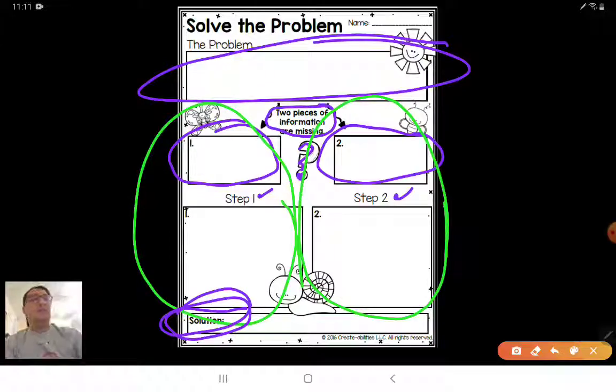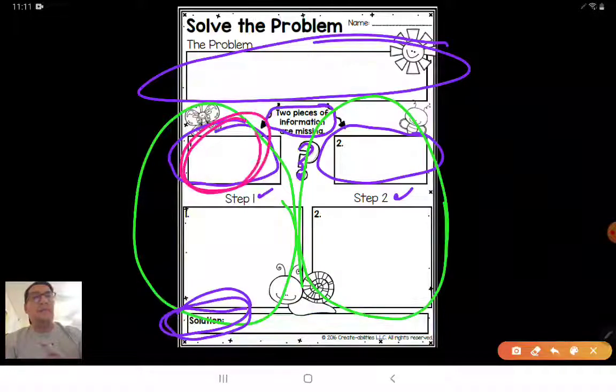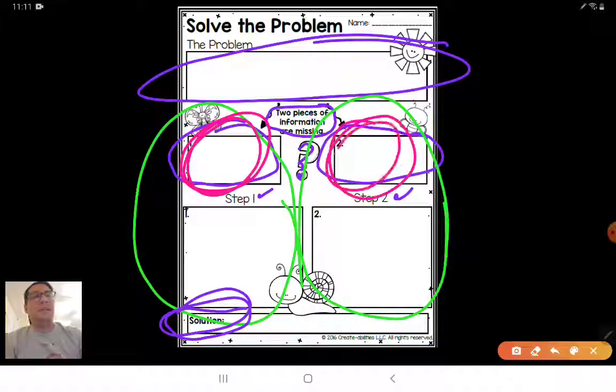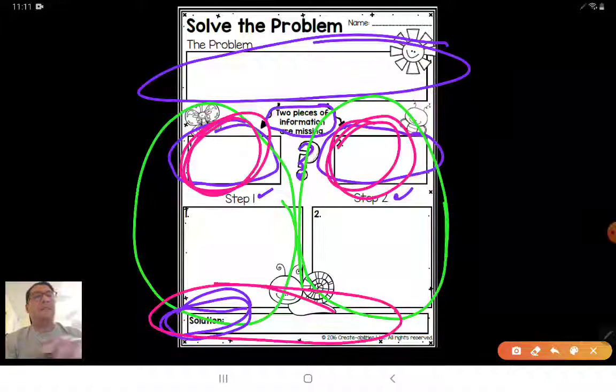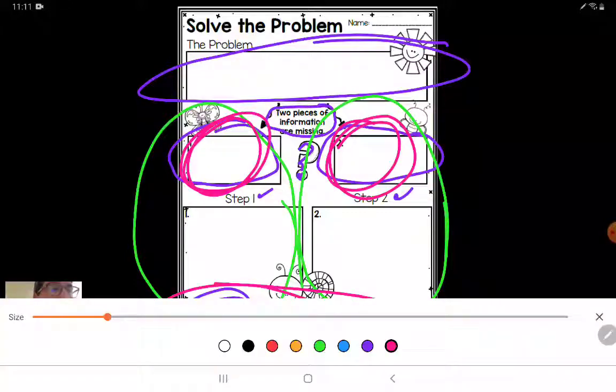Even though you end up with three answers, one for here, one for here, and one here, the real answer that we are looking for is located right here, in orange.